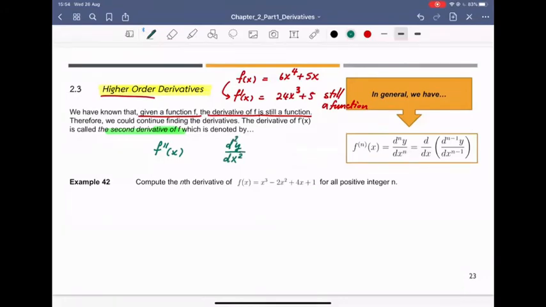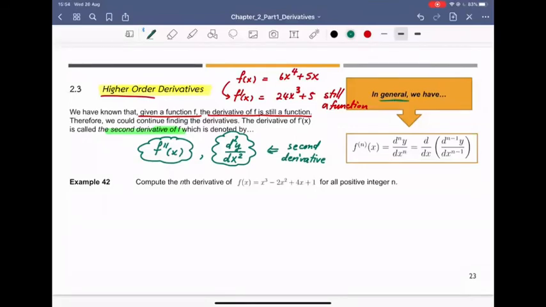This is just our notation for the second order derivative, or second derivative in short. If you see this notation, that means the second order derivative. There's nothing more complicated than differentiating one more time.